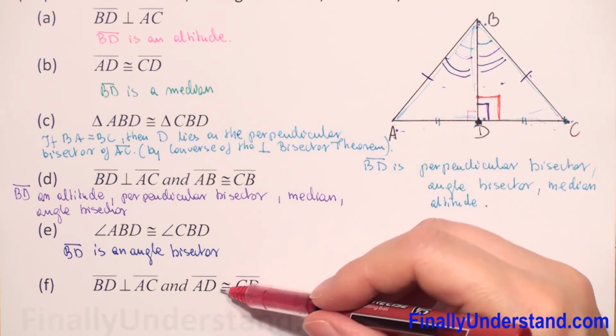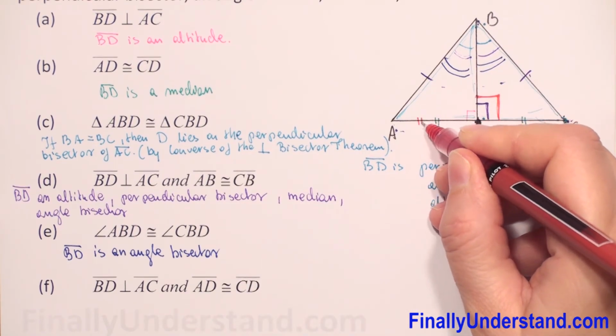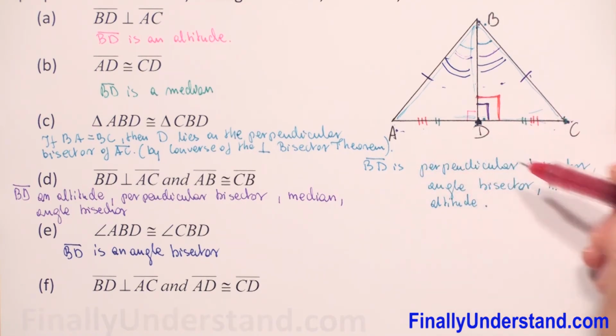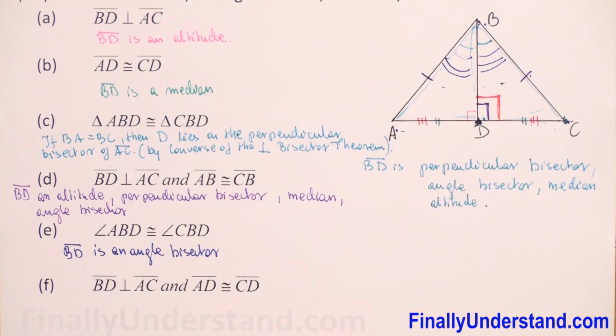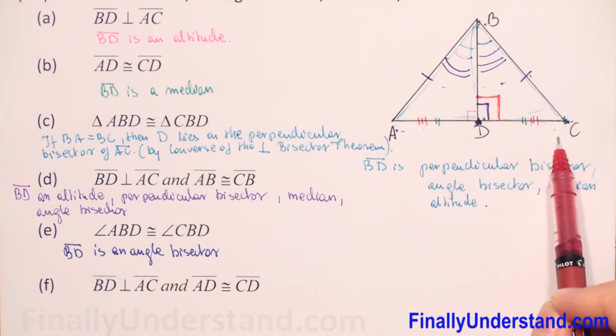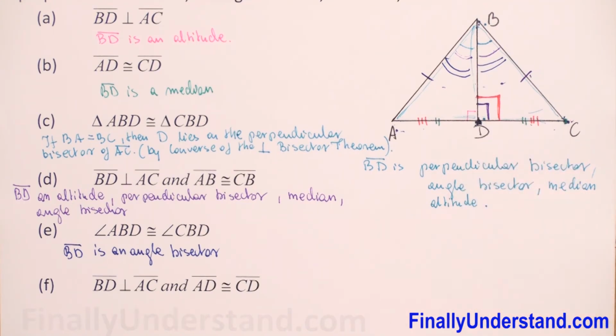And we have that AD is congruent to CD. So these two segments are congruent. So we have here that BD is perpendicular to AC, AD is congruent to DC.